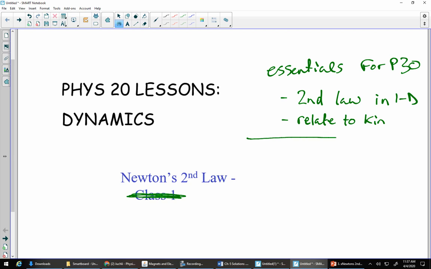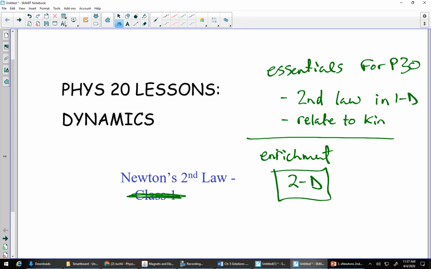You're going to notice, I'm going to call it enrichment, if I could spell. Enrichment, it's Newton's second law in 2D. Now, that being said, 2D stuff is very important. You need to know how to add by components, solve things using components and vector addition triangles.